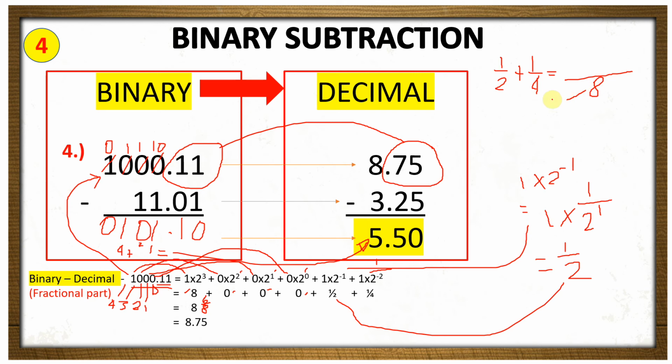Then you divide it. 8 divided by 2 is equal to 4 times 1 is equal to 4. Next, 8 divided by 4, that's 2 times 1, it's equal to 2.